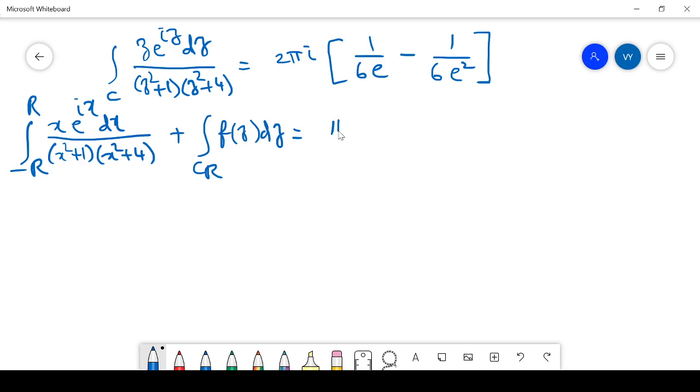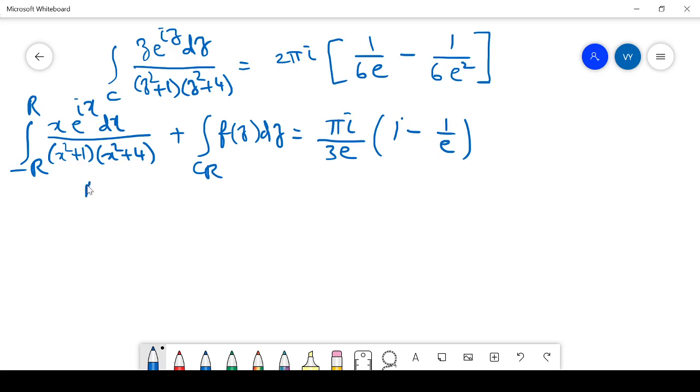This will be pi i by 3e into (1 minus 1 by e), because when I remove the 6e, I will have 1 minus 1 by e, and 2 by 6 gives 3 in the denominator.